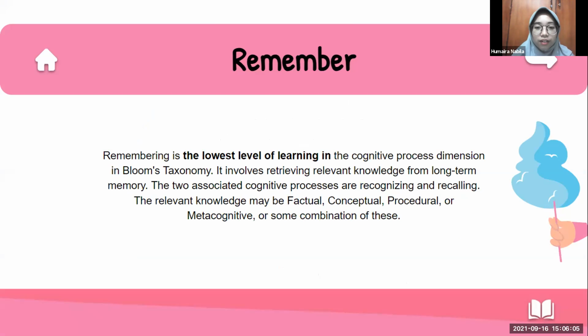It involves retrieving relevant knowledge from the long-term memory of the students. The two associated cognitive processes are recognizing and recalling. The relevant knowledge may be factual, conceptual, procedural, or metacognitive, or some combination of these.